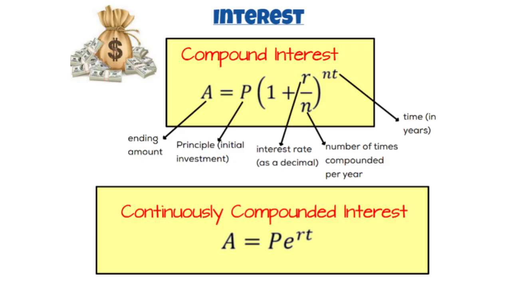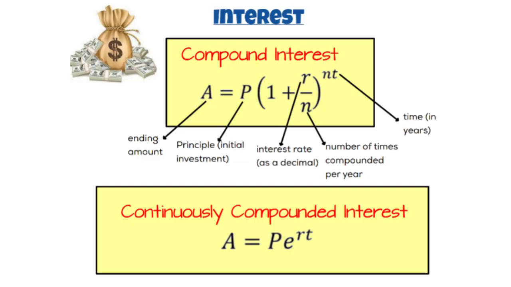So let's say you used to have $100 that you were earning interest on. Now you have $105 that you're earning interest on. So every time they compound it, they add to your balance, and that is helping you out because now you're earning more interest because your balance is higher. So the more often they compound it, the better off you are.